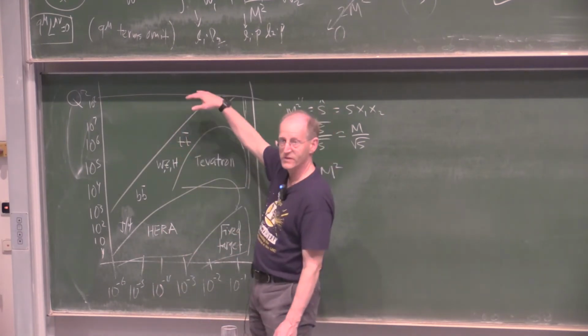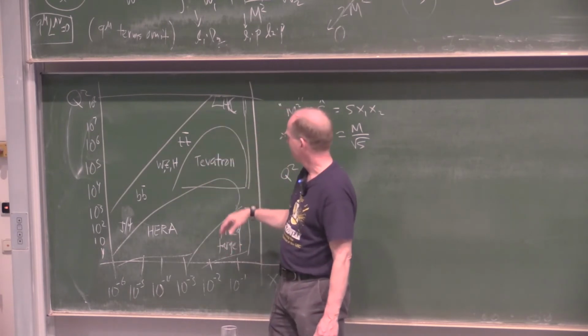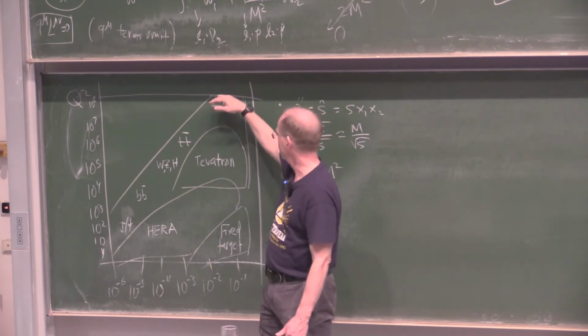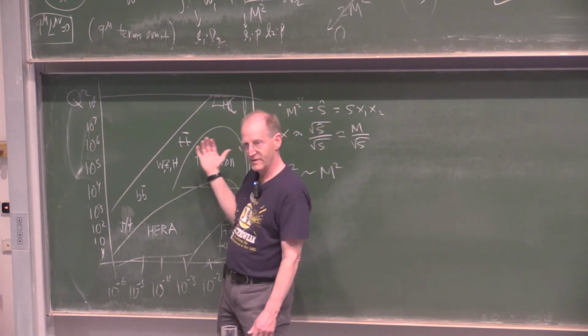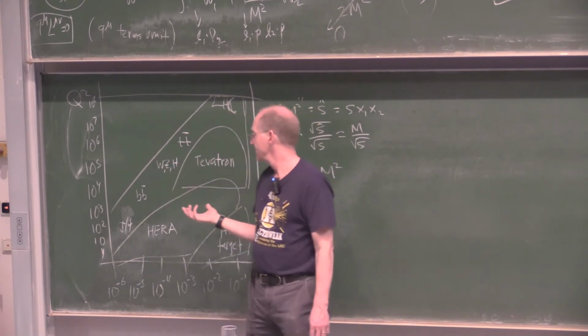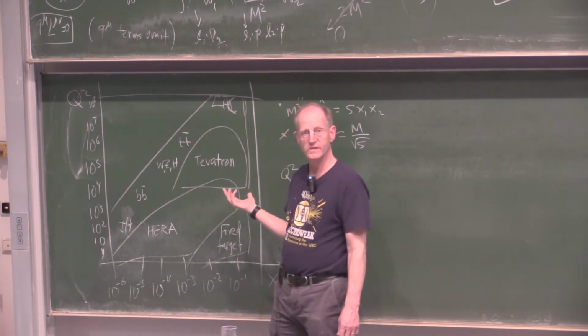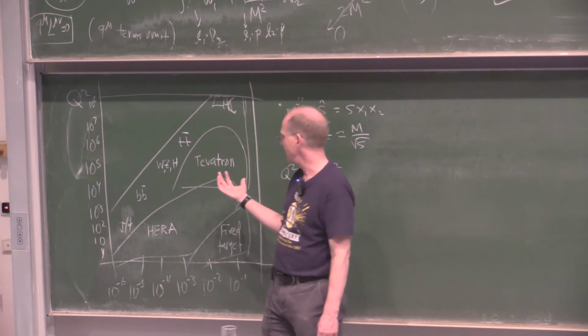And then the hadron colliders came along, and the Tevatron could reach much higher q squareds, but of course not nearly as high as the LHC. They're not doing deep inelastic scattering, but they are probing the structure functions in a way that depends on which process they look at.